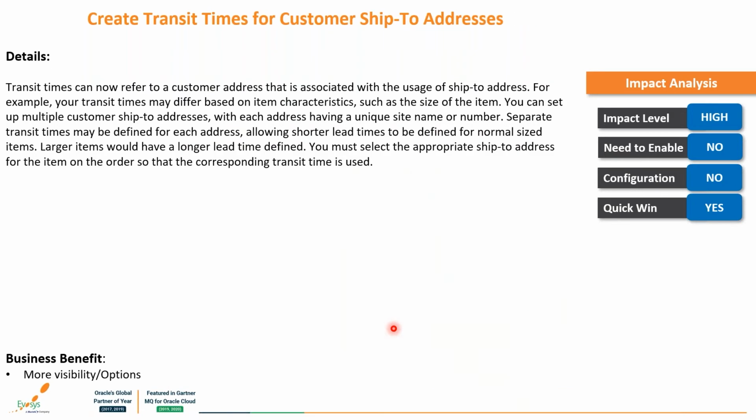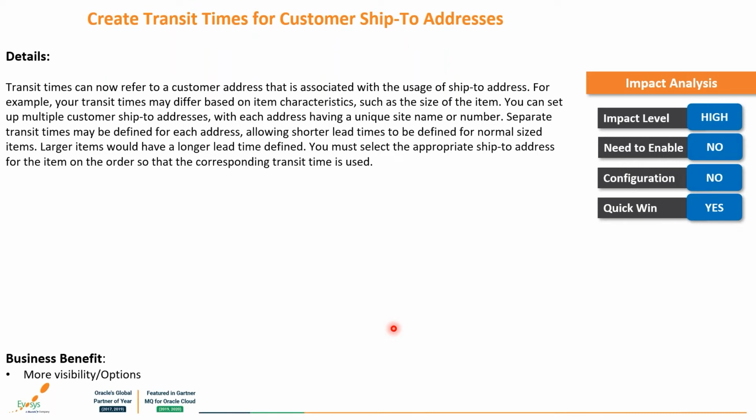The second one is create transit times for customer ship to address. So it could be possible that based on the item size or the item characteristics, the transit time may change, or it may differ from those specific characteristics of an item. For example, if it is a hazardous item or if it is a bulky item in nature and it's difficult to ship, the transit time may differ.